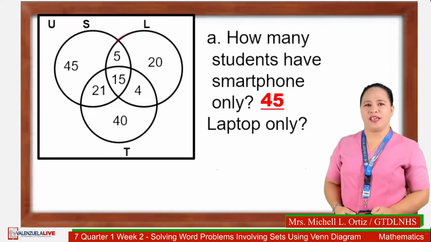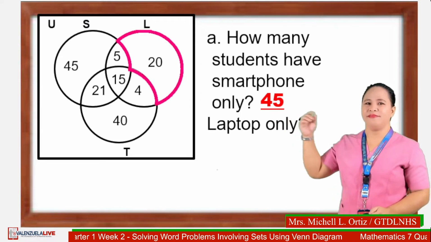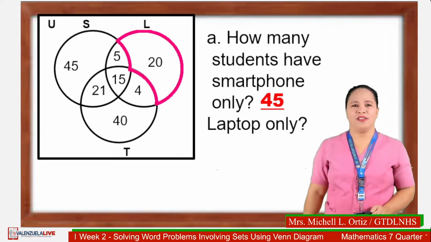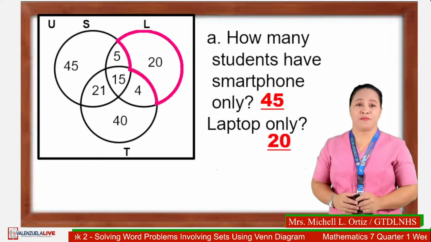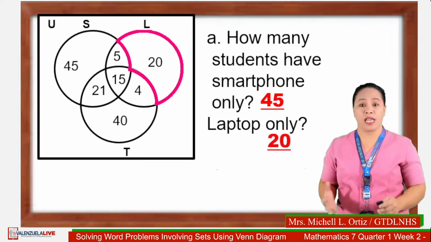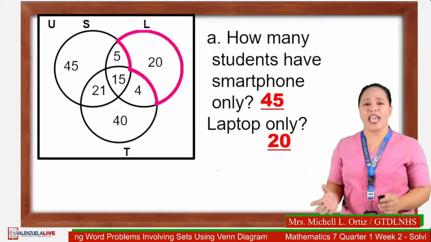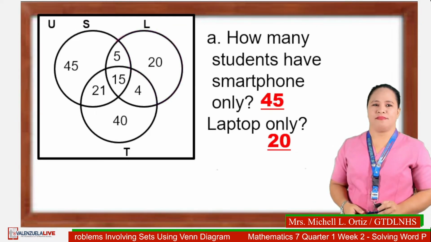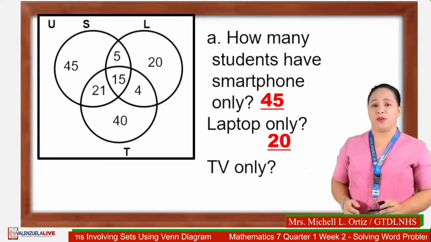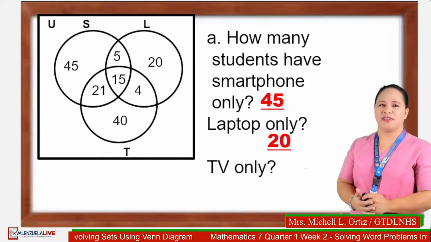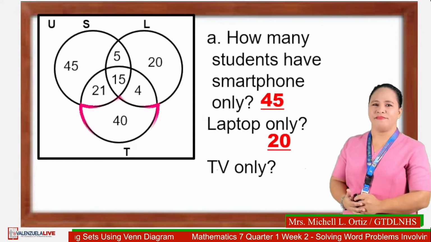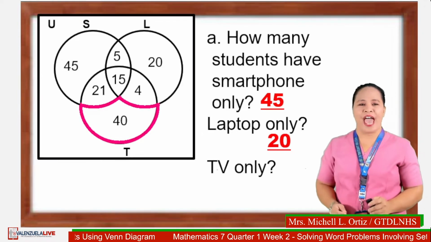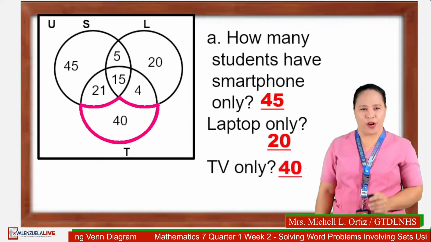If your answer is that region, then your answer must be 20. Next, how many have TV only? If your answer is that region, then your answer should be 40.